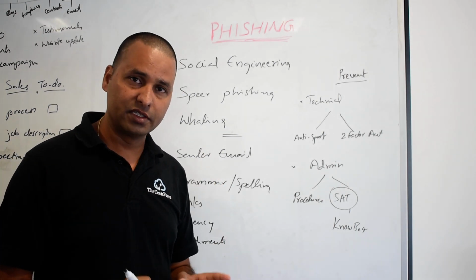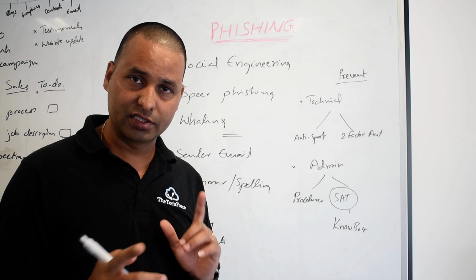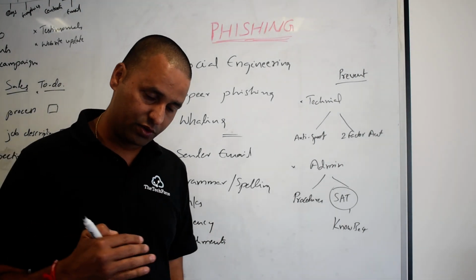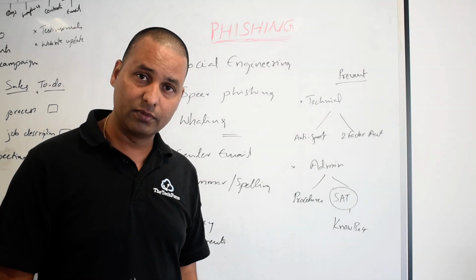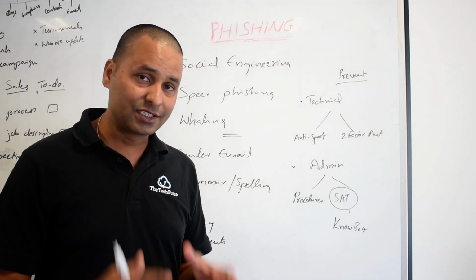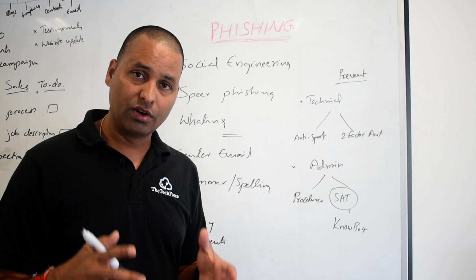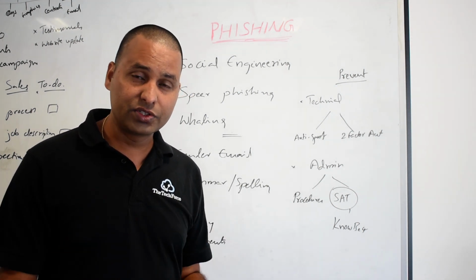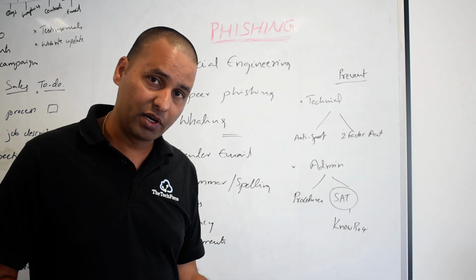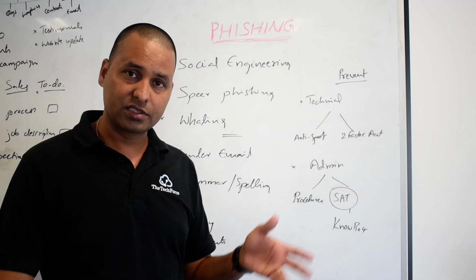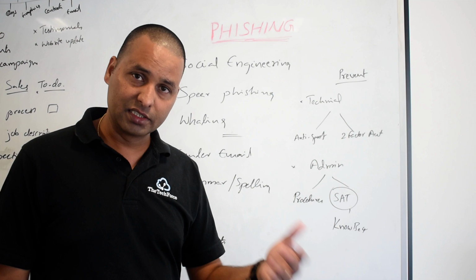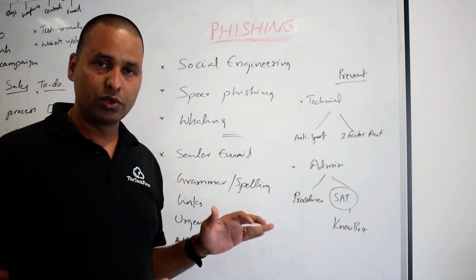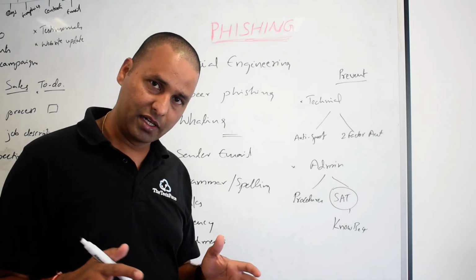Almost all phishing emails use urgency or scarcity. And then attachments. When these emails come with attachments, ask the questions again. Are they genuine? Are you expecting them? Are they coming from a known source? If you're not sure, just delete them, forward them to your IT department, or ask somebody in your organization who deals with this kind of stuff. Those are the usual ways of detecting a phishing email.